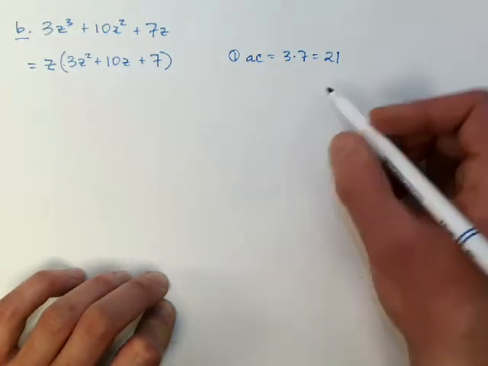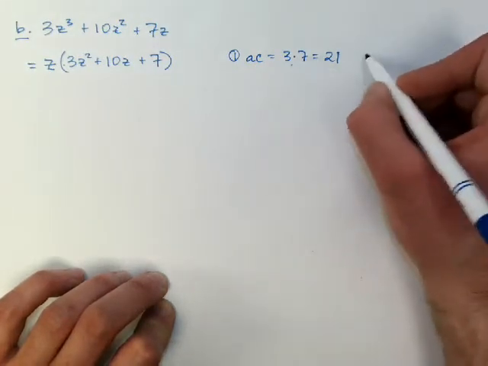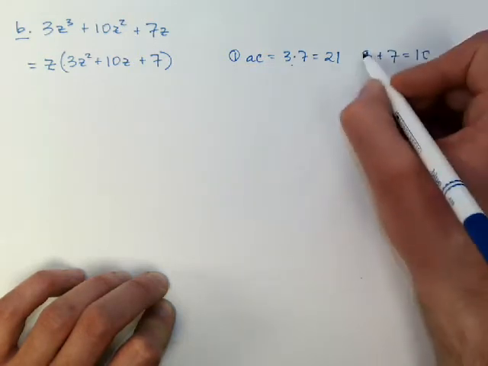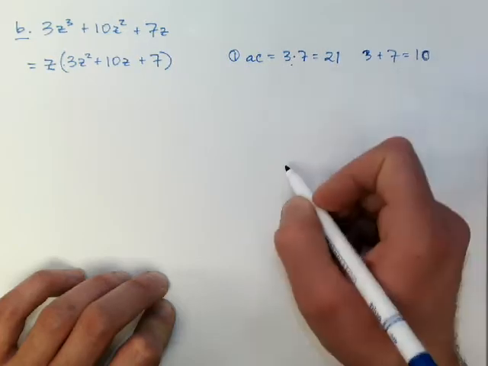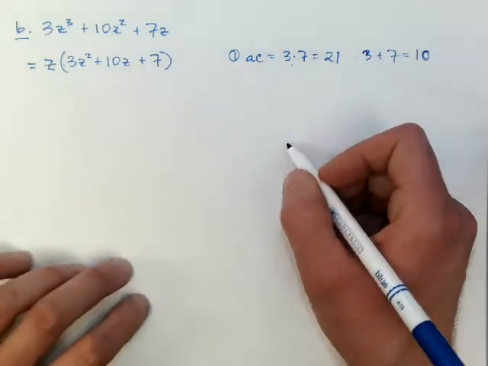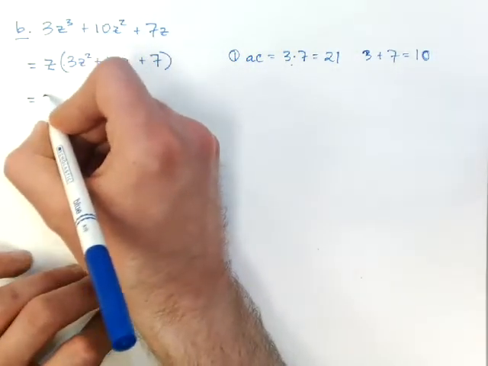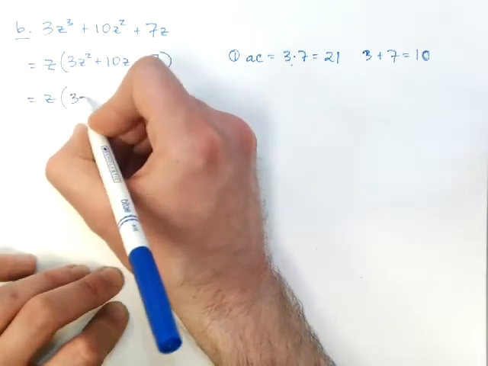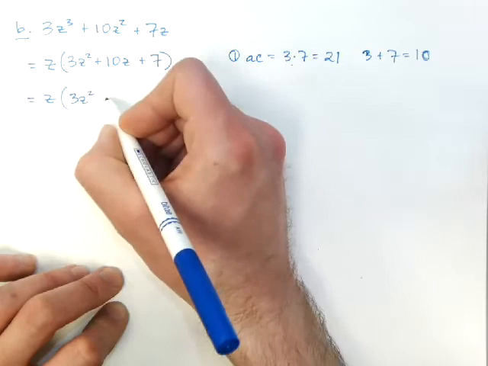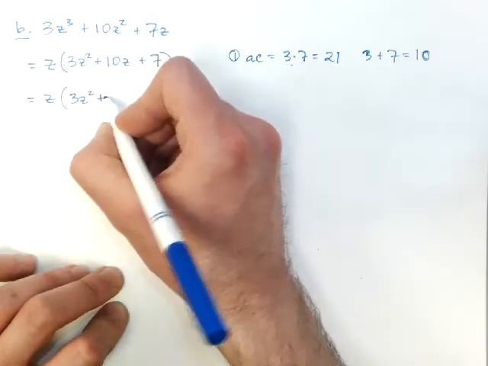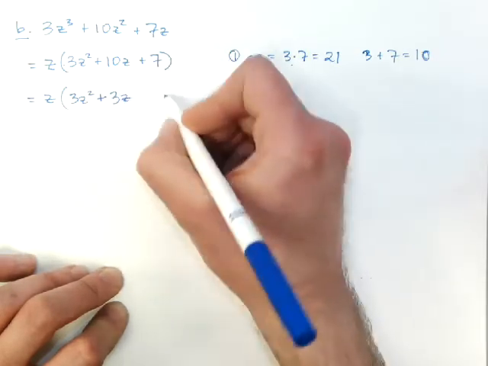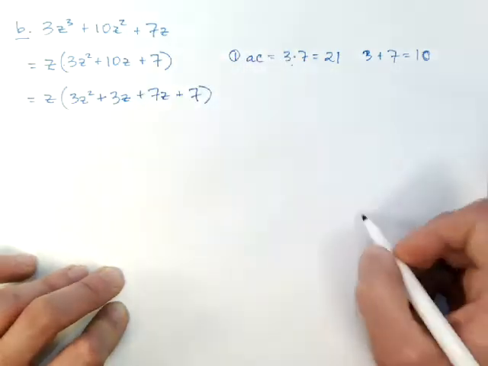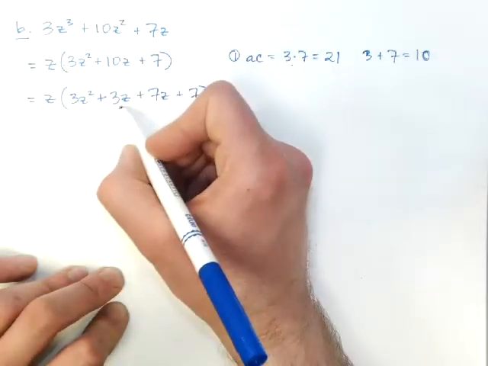And this one looks like we got it right there: 3 plus 7 happens to equal 10. So that's pretty nice. Then we'll do our grouping method. I have 3z squared plus 3z plus 7z plus 7, just splitting the 10z into a 3z plus a 7z.